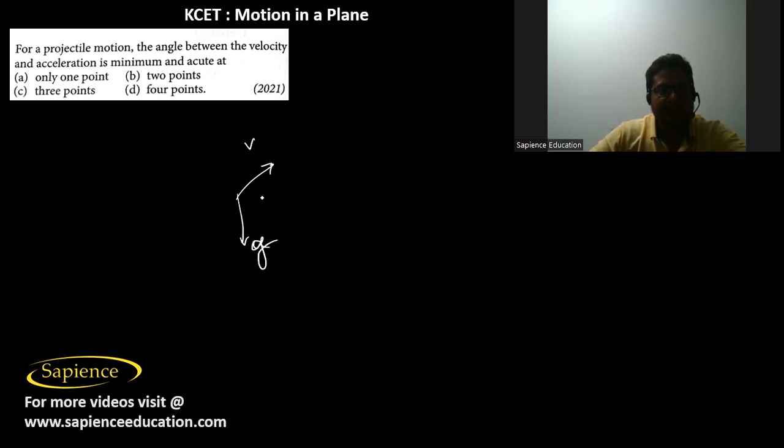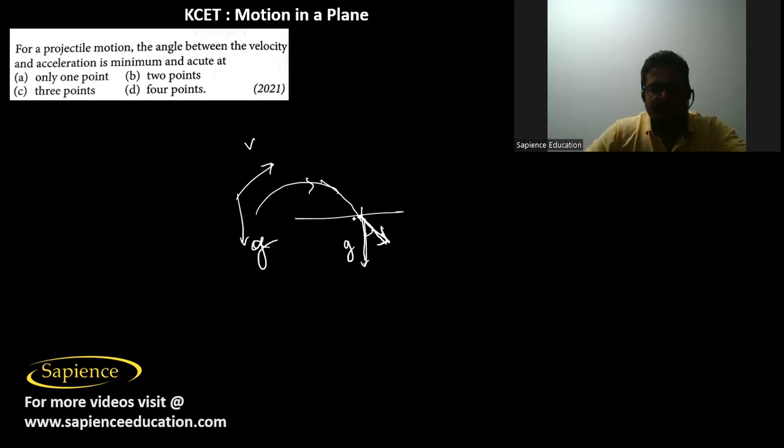The angle in between the velocity and acceleration is minimum and acute at only one point, since when it will hit the ground, the velocity will be like this and g is like this. So the angle is minimum, which is an acute angle. The angle gradually decreases, so at only one point. So option A is the correct answer.